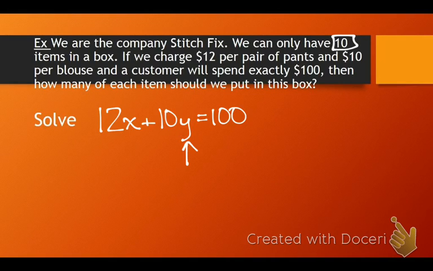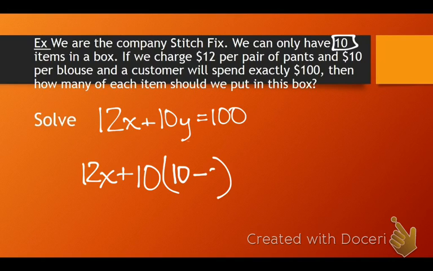So here's how we're going to write it. 12x plus 10, this y is going to be different. Instead of y, we're going to realize that there's only 10 items in a box. Take away the number of pairs of pants, and that'll leave me with the blouses.